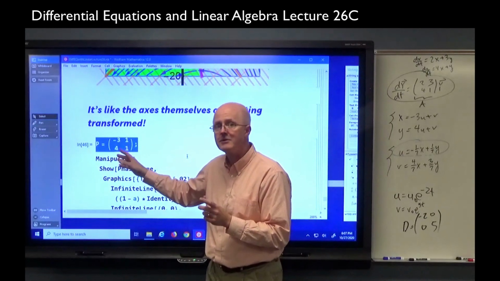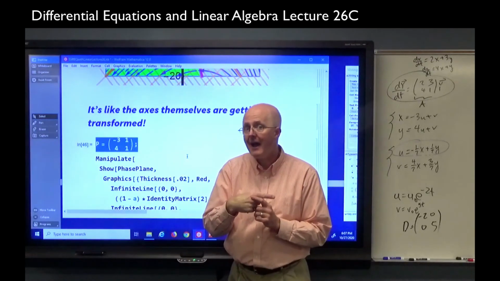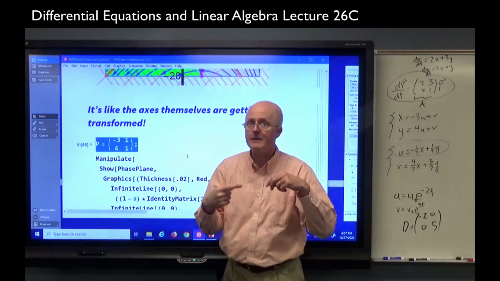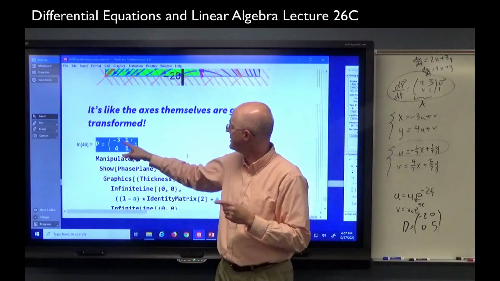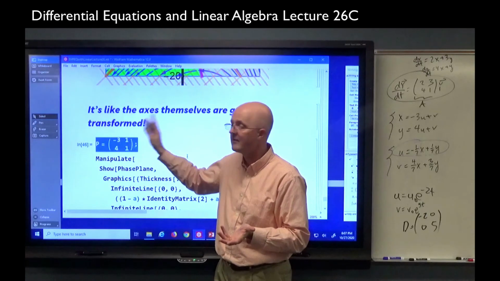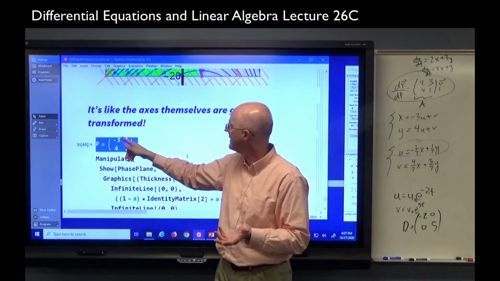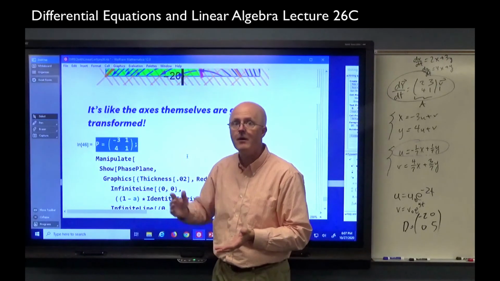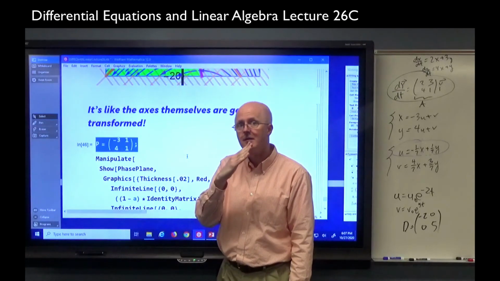We know that a matrix like this is going to map i hat, e1, the vector (1, 0), the unit vector in the positive x direction, to the vector whose xy coordinates would be (-3, 4), that I talked about in the picture. It's the first column of P. And the second column tells you what j hat gets mapped to: (1, 1), like that.